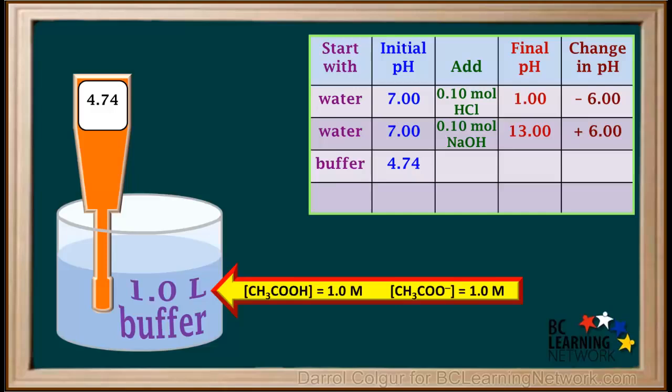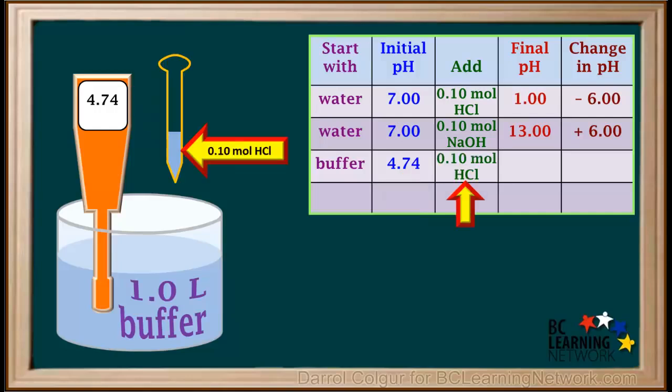What we'll do now is replace the water with a buffer solution. This particular solution contains 1 molar acetic acid and 1 molar sodium acetate. We see that the initial pH is 4.74. Now we'll add 0.1 mole of the strong acid HCl to this buffer solution and see what happens.